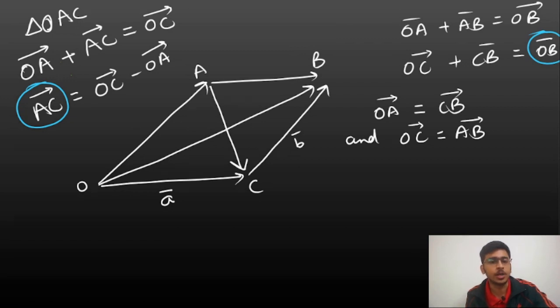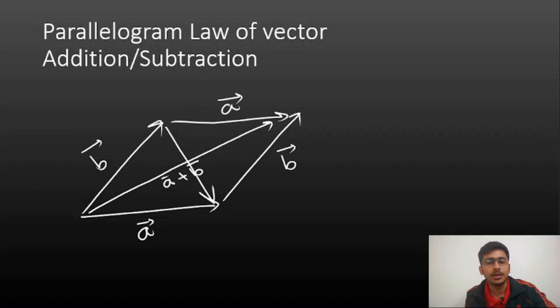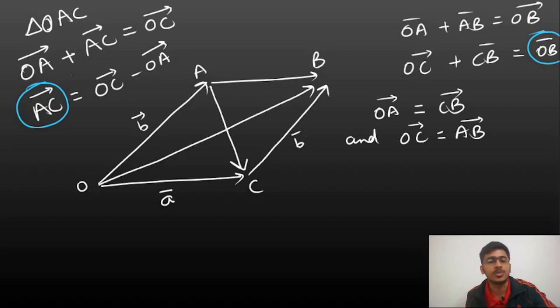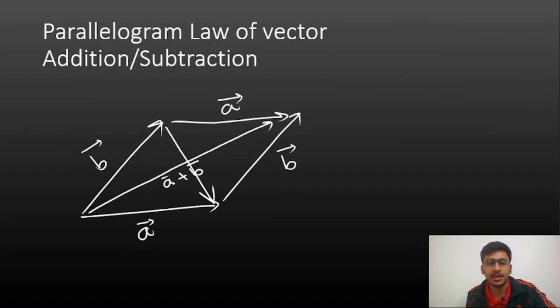AC vector is nothing but OC vector minus OA vector, and OA vector was nothing but my B vector, correct? So OC vector, which is our A vector, I'm subtracting it with B vector to get AC vector, so I can write the second diagonal is A vector minus B vector.